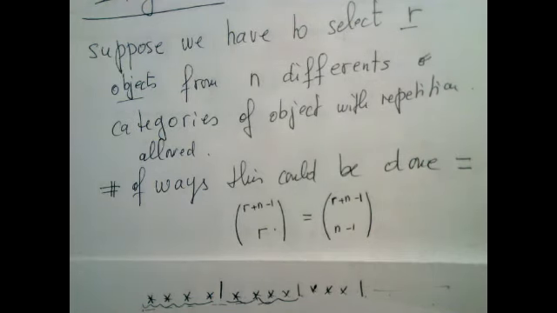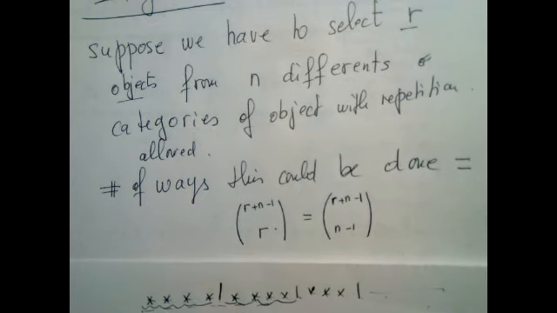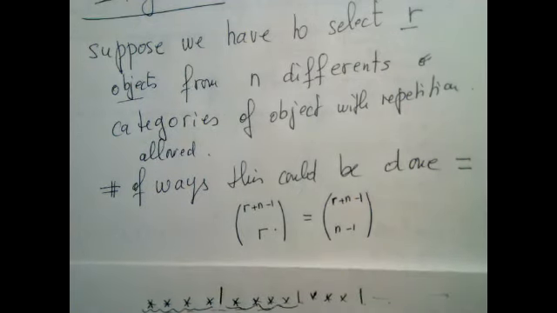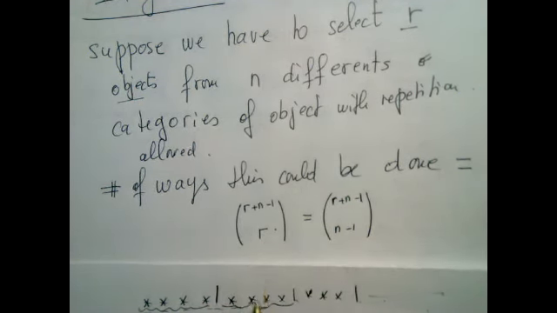But even if we don't use the formula, the number of ways you can pick those stars is the same as the number of ways you can pick the ones. Because for every fixed way you pick the stars, it's the same as the way you count the ones. So counting the strings with exactly R stars is the same as counting the strings with exactly n minus 1 ones.